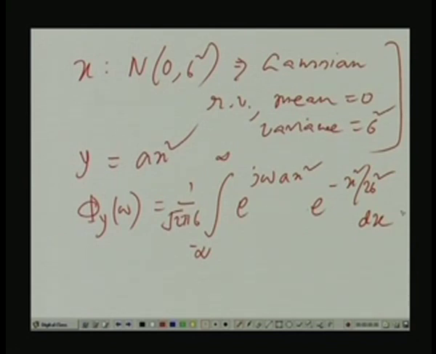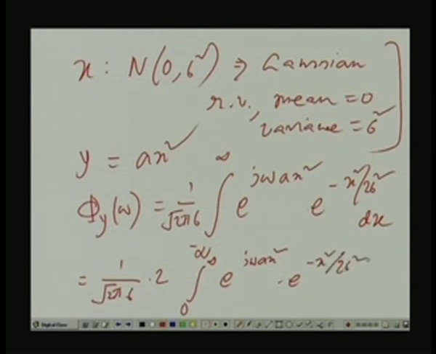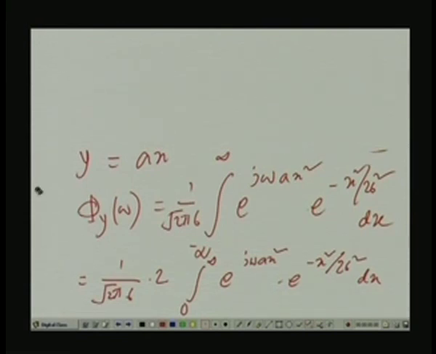Since we have only x square here, we can take the integral from 0 to infinity and multiply it by 2. So, in that case this integral becomes times 2. Okay. All right.